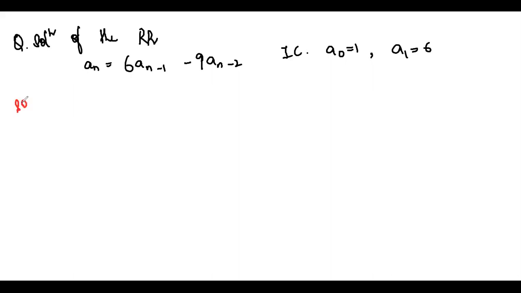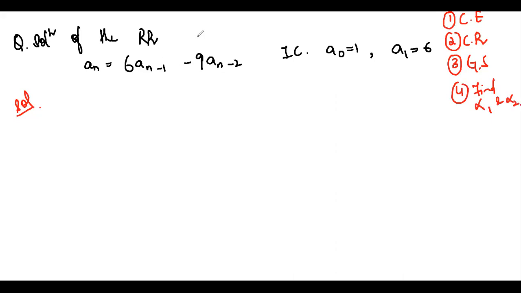Now in this case, first and foremost, we have to find the characteristic equation. So I'll just mention the steps: characteristic equation, characteristic roots, general solution, then finally finding alpha 1 and alpha 2. This is the way to do the problem.